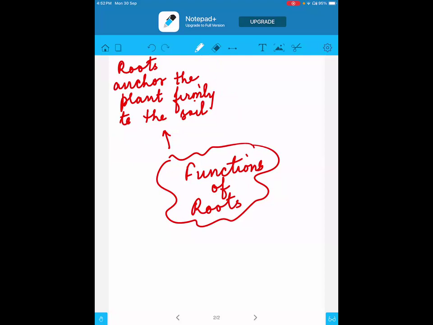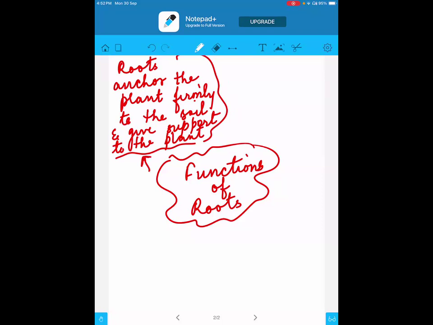Let me write this point here itself: anchor the plant firmly to the soil and give support to the plant. This is the first function of it.